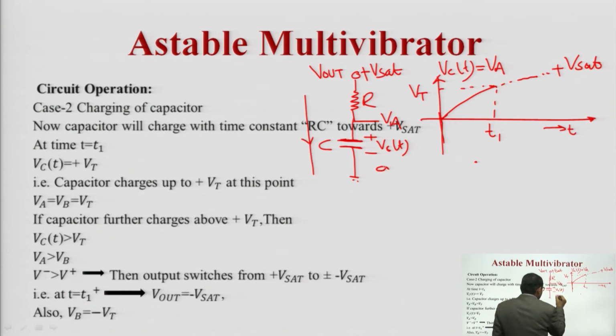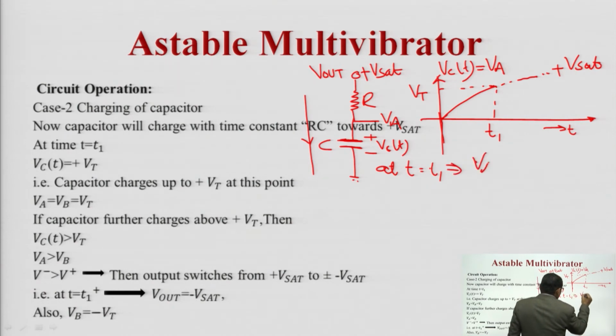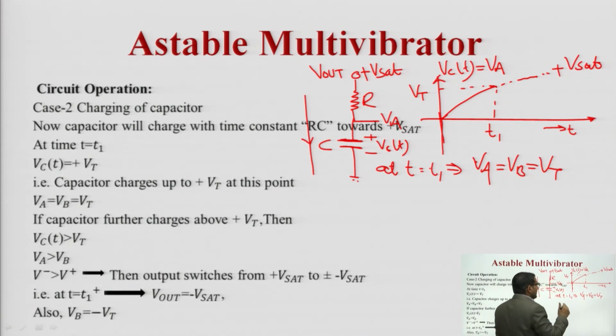So we can say that at t is equal to T1, Va is equal to Vb and this is equal to Vt. Vb, as we already discussed in the previous case, is equal to Vt. Va and Vb are equal if the capacitor further charges above the plus Vt.